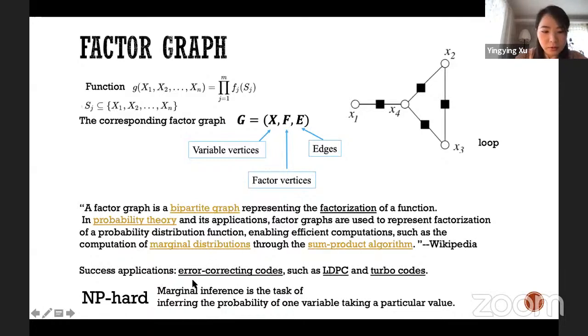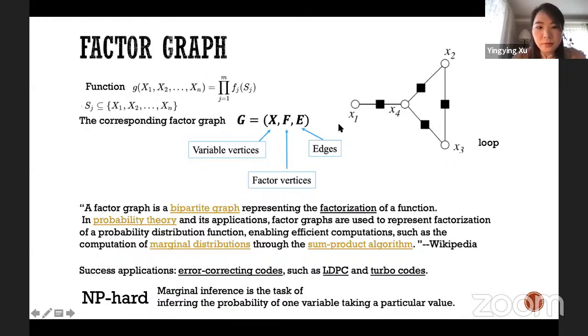The successful applications are error correcting codes, such as low density parity check codes and turbo codes. Usually the marginal inference problem is NP hard, but using factor graph, when the graph has a special structure, the complexity can be dramatically reduced.